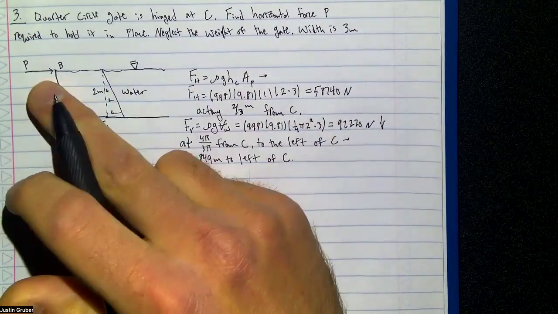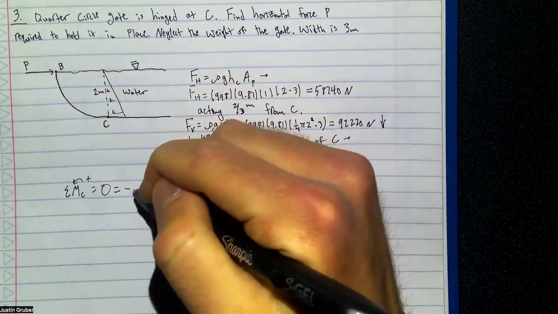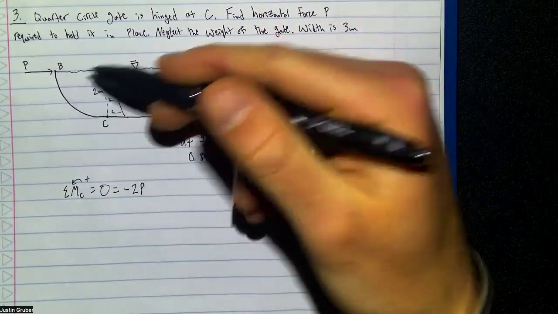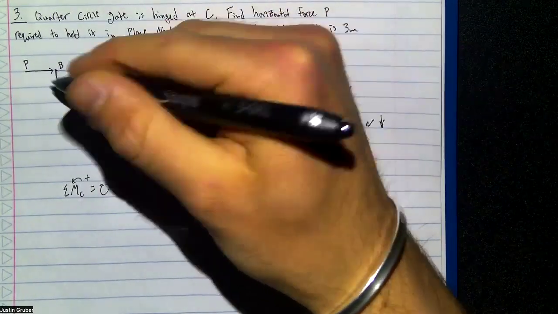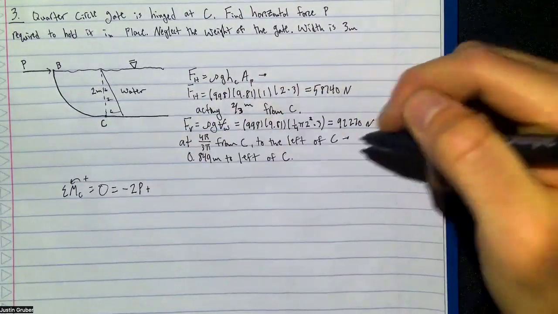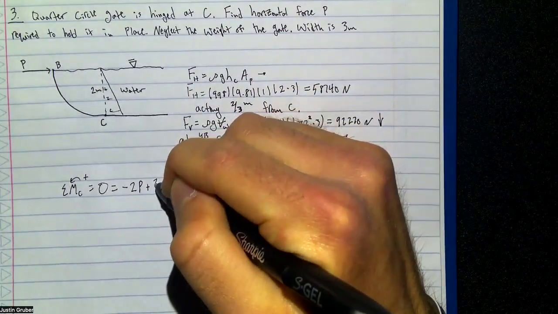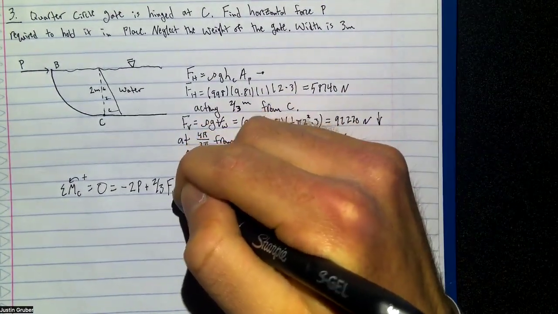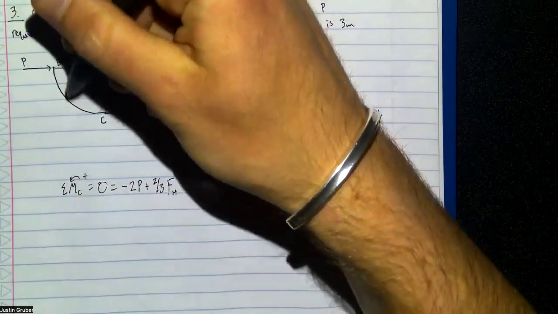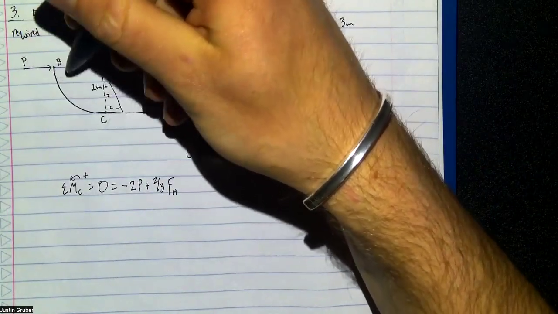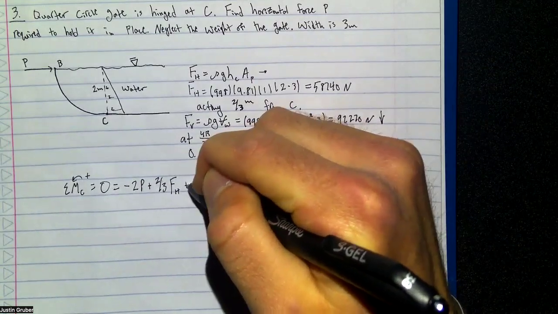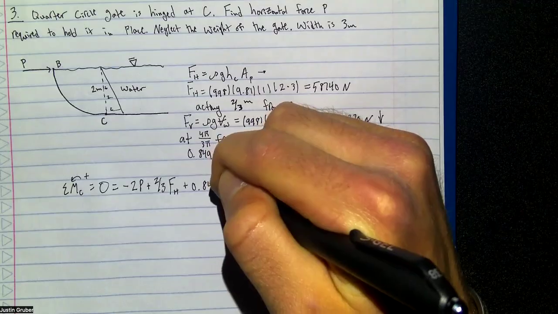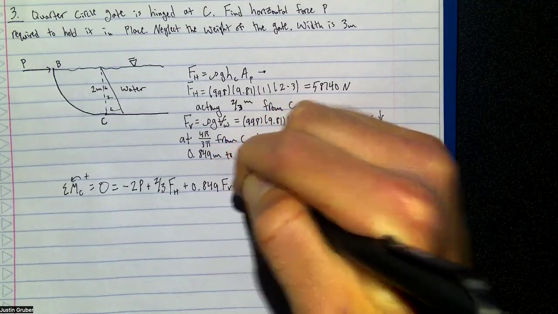All right, now what we've got up top here is a minus 2P. And then here, our horizontal force will be pushing that away to our left, so we have plus 2/3 times FH. I'm not going to plug in the numbers, you guys can plug in the numbers. And then the vertical force, acting down to the left of C, so we have plus 0.849 FV, right?